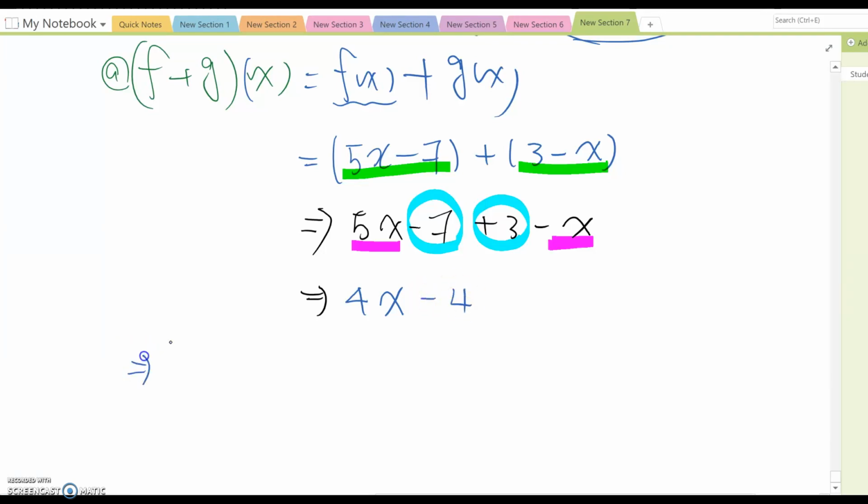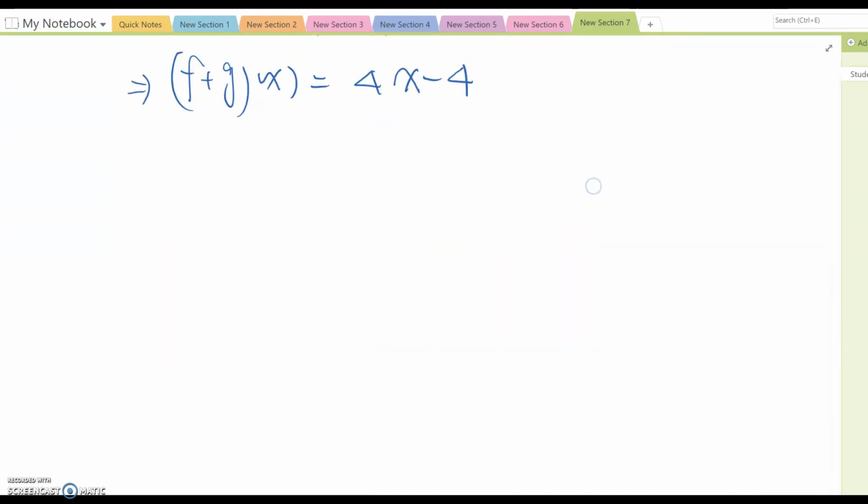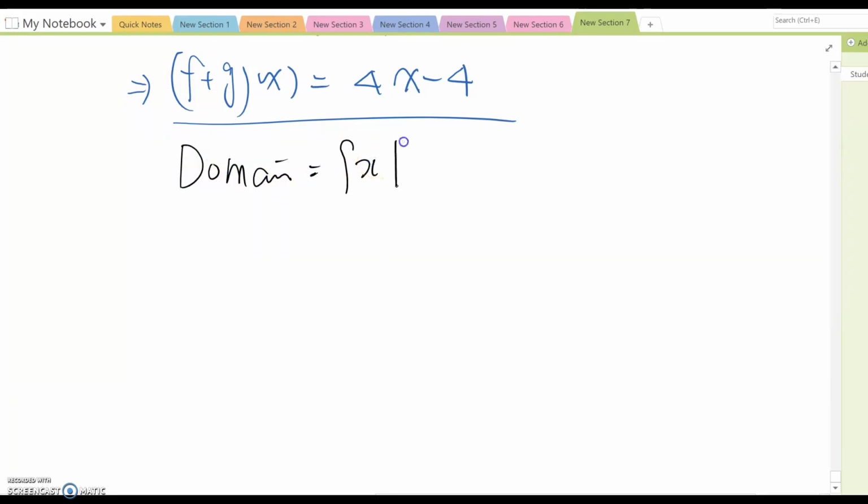Therefore we got (f plus g)(x) equals 4x minus 4. What kind of function form is it? This is a linear function. Therefore the domain becomes x is any real number.